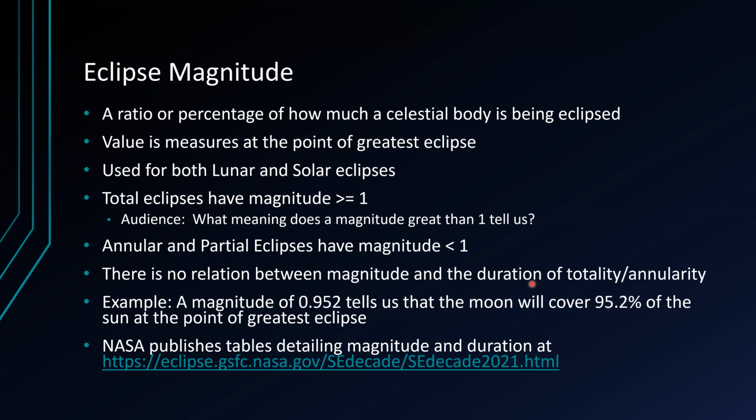It is a ratio or percentage of how much of a celestial body is being eclipsed. So this number can be applied both to lunar eclipses and to solar eclipses. For our purposes, this is just a number that's saying how much of the sun is being eclipsed by the moon. This value is always reported at the point of greatest eclipse.